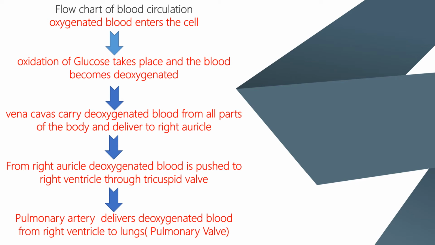Once the oxygenated blood enters the cell, oxidation of glucose takes place and the blood becomes deoxygenated. Glucose plus oxygen get converted into carbon dioxide, water, and along with that energy is also produced. Now it's the turn of the vena cavas to carry the deoxygenated blood from all parts of the body and deliver it to the right auricle.